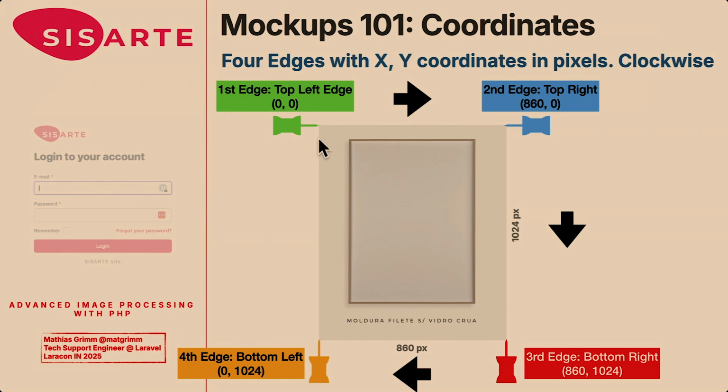But for images, we have it starting from the top left edge. So the 0,0 coordinate is actually there. That's really important for the talk, and we're going to go into more details later on. Then we have this top left edge, the top right, and the bottom left. So we go clockwise that way, and that's how we can navigate the coordinates.